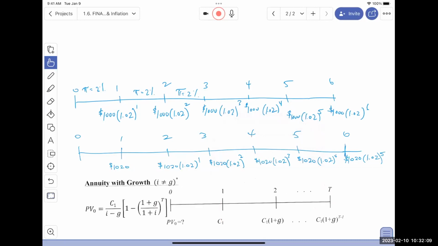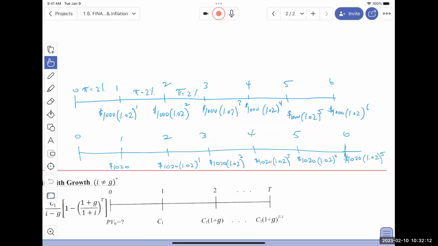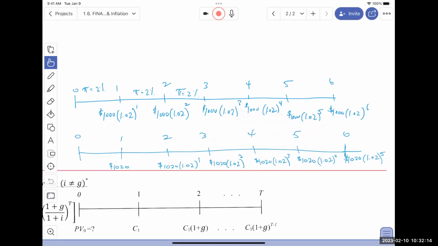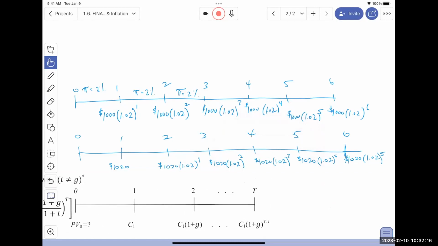So I want my timeline to look like this timeline. C1 is the first one, and then the thing beside the C1 is 1 plus g. So that's what tells me that the g is 2%. And then dot, dot, dot till the end. Notice it's a 5 here, not a 6, which corresponds to this being 1 less than this one here.